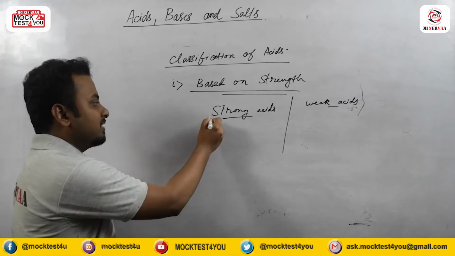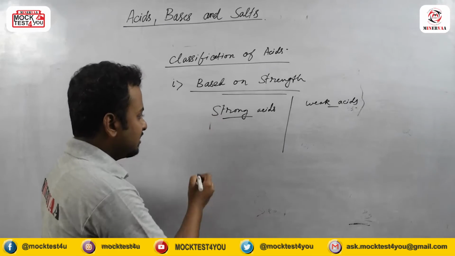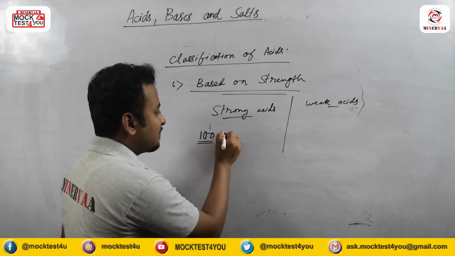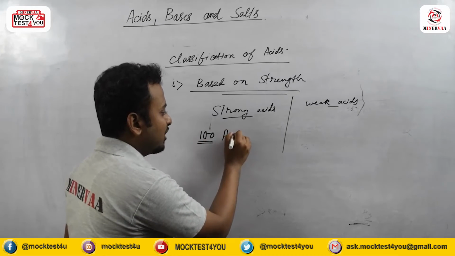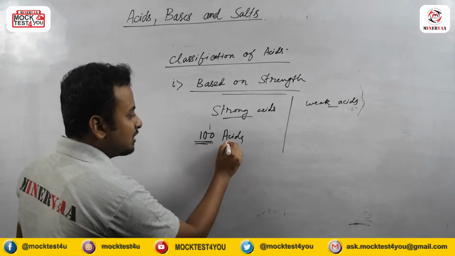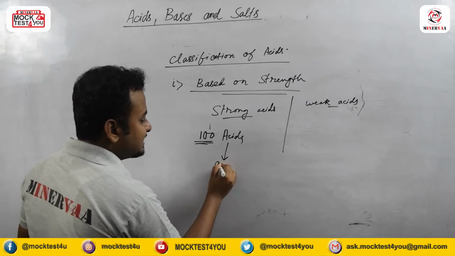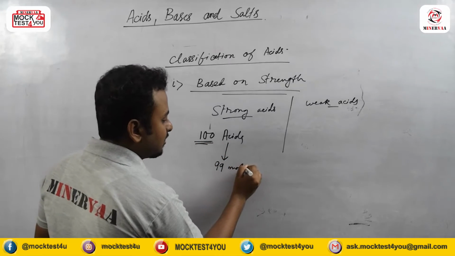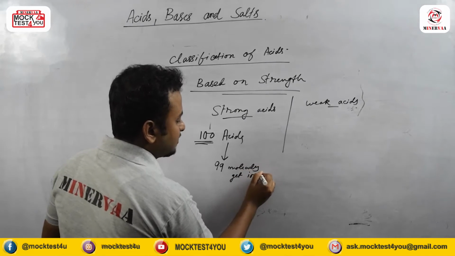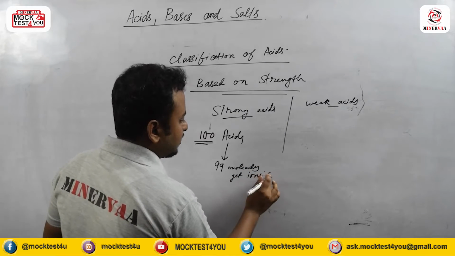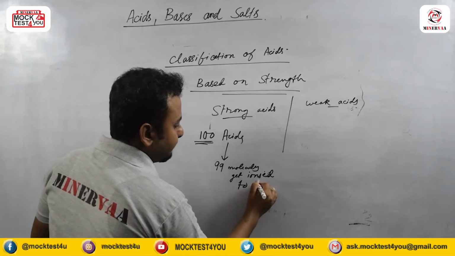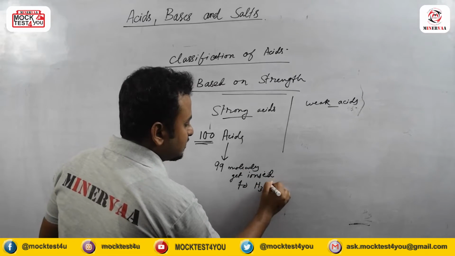Strong acids are something, for example, if we have taken 100 molecules of acid, and out of these 100 molecules, if 99 molecules get ionized to H3O plus ions.